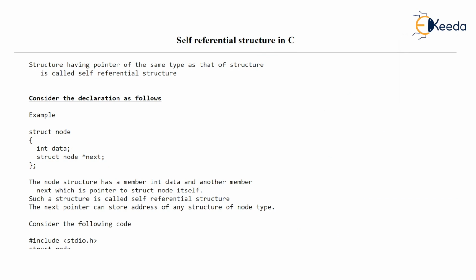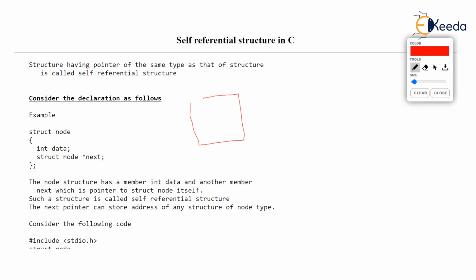Say you have the data of a student. So you will create a structure, store the roll number of the student, the name of the student, and then the marks. But you have another student in the same memory which has a roll number, a name, let's say ABC, and some marks.